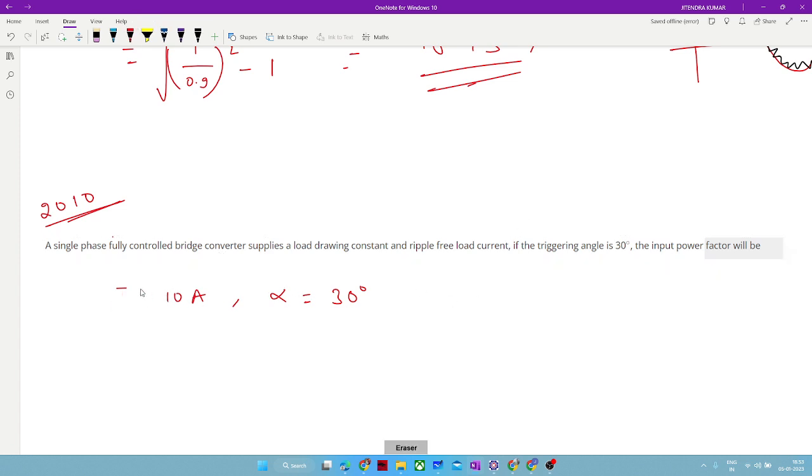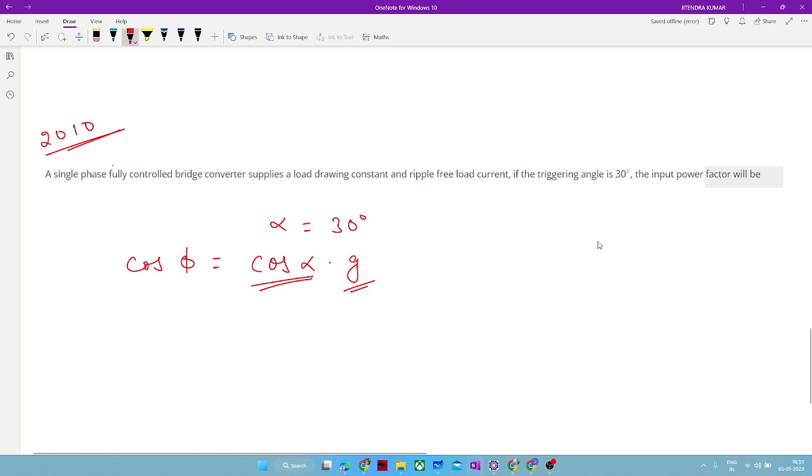Now the load current information is not there. So how would you proceed? So we know input power factor cos phi has relation with cos alpha into distortion factor, right?